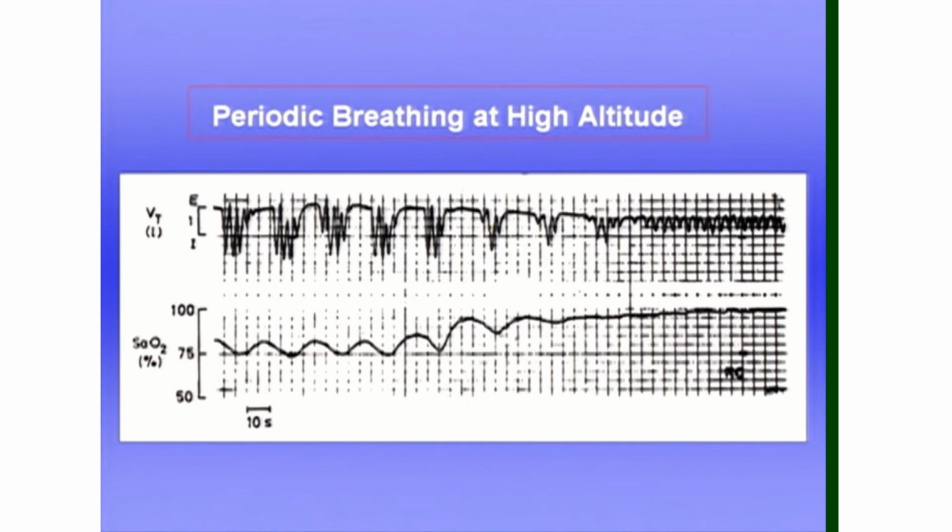Around about this point here, this particular subject was given oxygen to breathe. Saturation increased, as you can see, and the periodic breathing largely went away. It's known that periodic breathing is very greatly reduced, or perhaps abolished, by breathing 100% oxygen. So let me now just briefly summarize some of the points we've made on the control of ventilation.